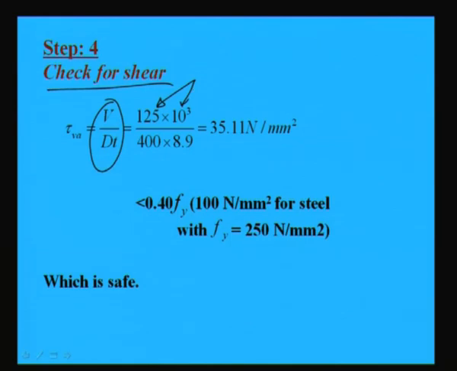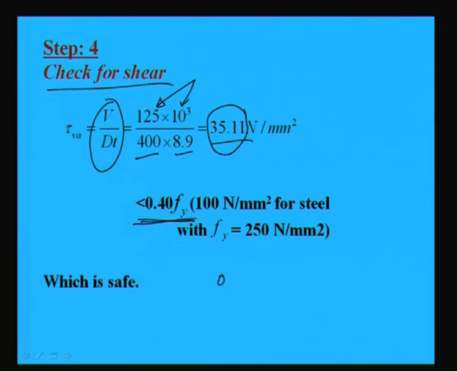So, V by dt means 125 into 10 cube Newton by d is 400 and t is 8.9. So, we can find the value as 35.11 Newton per millimeter square, right. So, average shear stress is coming 35.11 Newton per millimeter square, which should be less than 0.4 Fy.